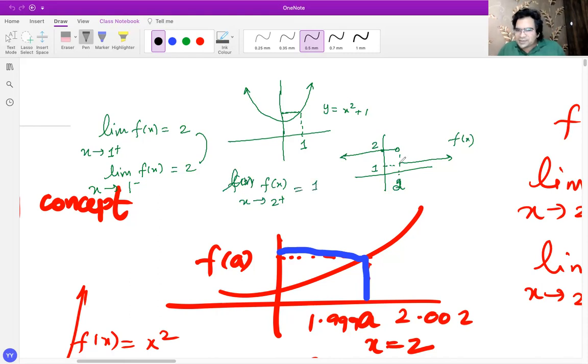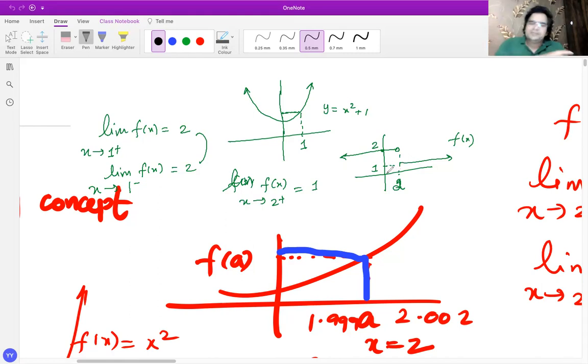Even if I go to 2.000000-something, up to infinite decimals and then some number, the right hand limit answer will be nothing but 1.